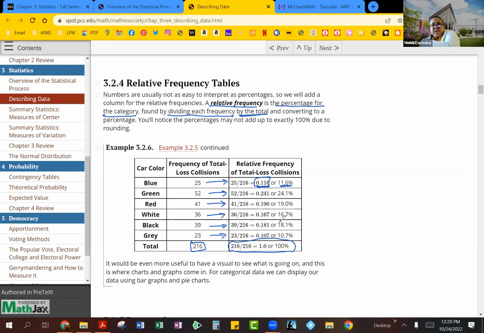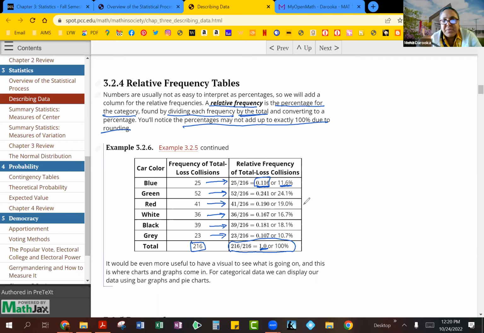So 100 point something left over. But as long as you are really close to that 100%, or in decimal, that would be 1, if you're close to that, you're fine. Because like I said, with rounding errors, sometimes you're not going to get exactly a total of 100, which is fine. So getting your data into a frequency table or a relative frequency table is great.